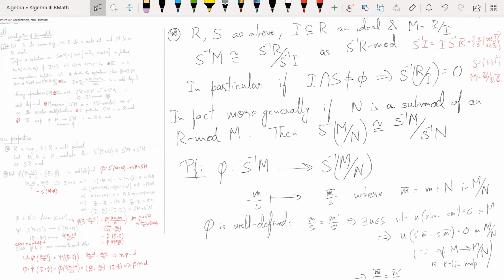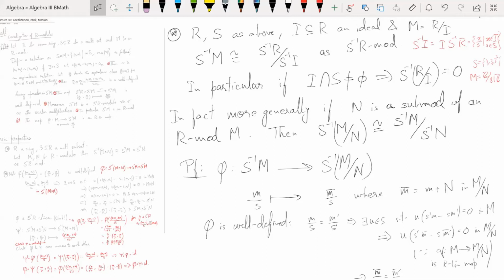So in fact, we will prove something slightly more general than this. If N is a submodule of an R-module M, then what you can show is that S inverse M mod N is isomorphic to S inverse M mod S inverse N. The previous statement is a special case of this, because I is an ideal of R, meaning I is a submodule of R viewed as an R-module.